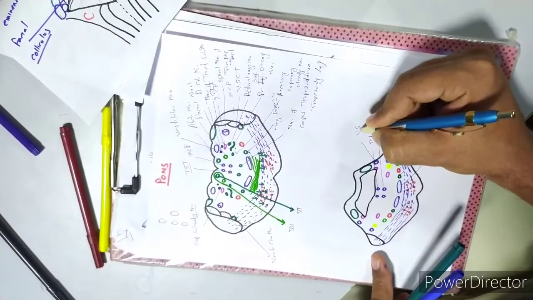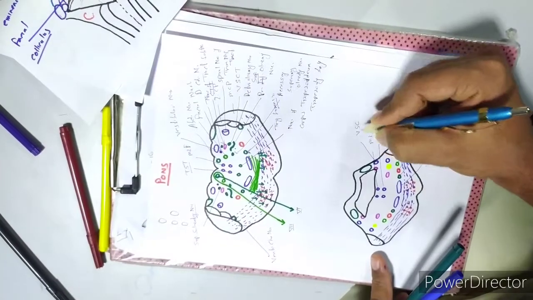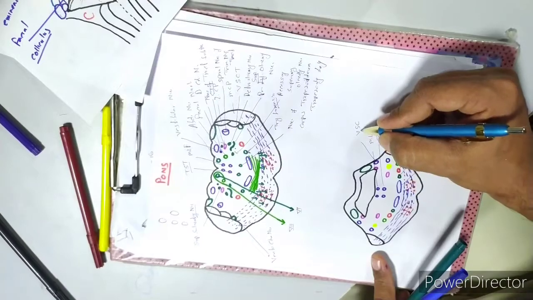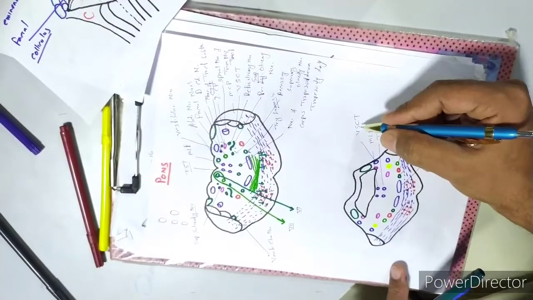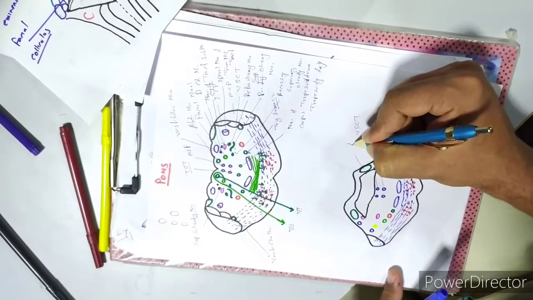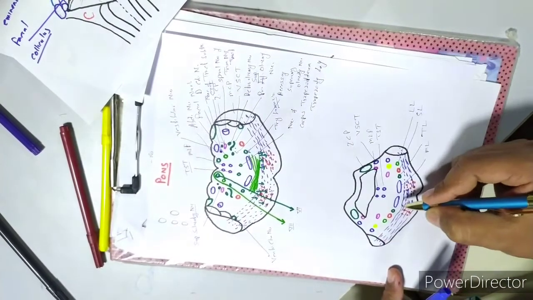Ventral spinocerebellar tract, these two tracts are here. These are the ventral spinocerebellar tracts. And this is the inferior cerebellar peduncle here. Clear?